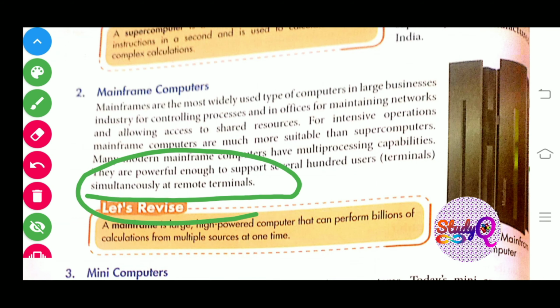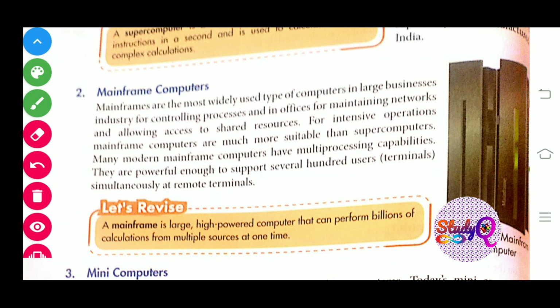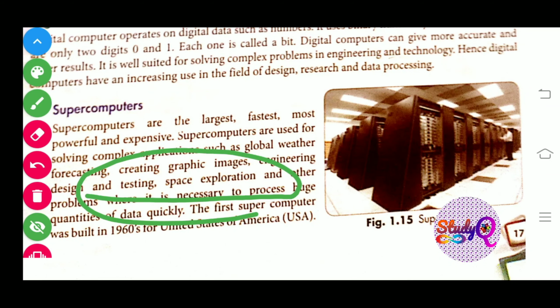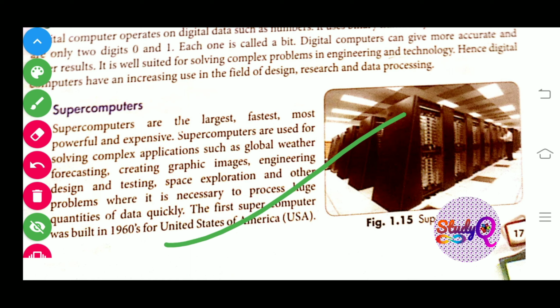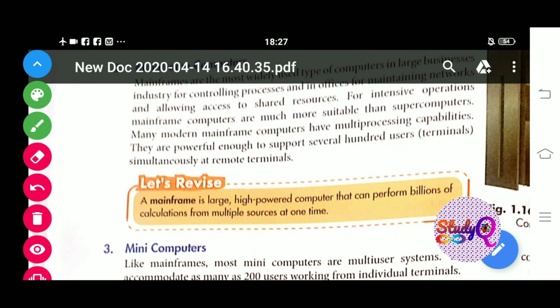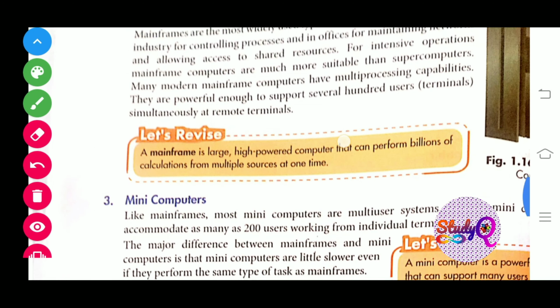So students, you have to understand supercomputers are used in research and education, where testing, space exploration and engineering work is going on, mostly by scientists, and mainframe computers are used by businessmen and in business companies.